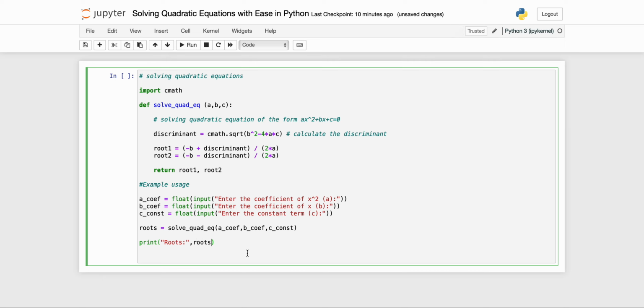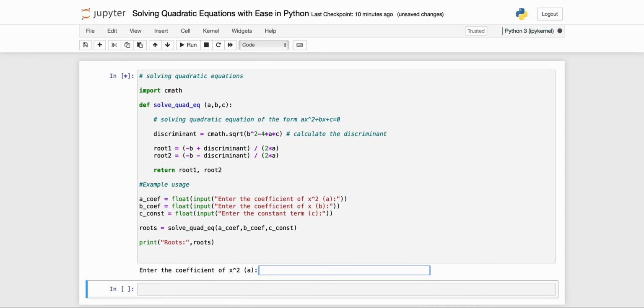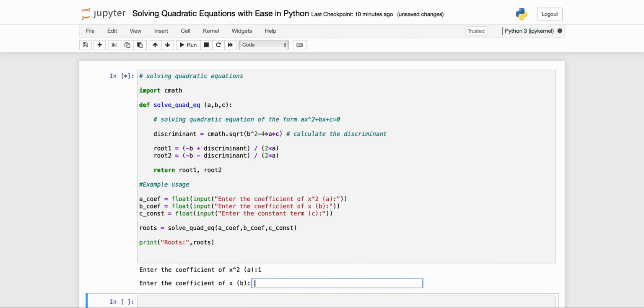Then we can go ahead and run that with an example. Let's look at a simple quadratic equation: x squared minus 3x plus 2 is equal to 0. If it's just x squared, the coefficient is 1.